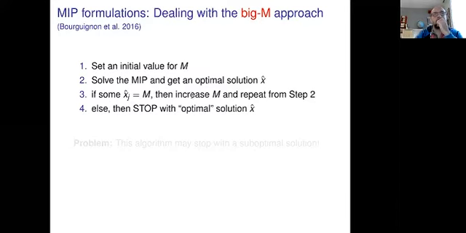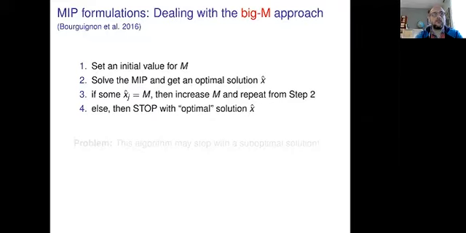So you should increase M a little and repeat, until the optimal solution you get is not touching any of the bounds of this box. This is the algorithm proposed in the literature.